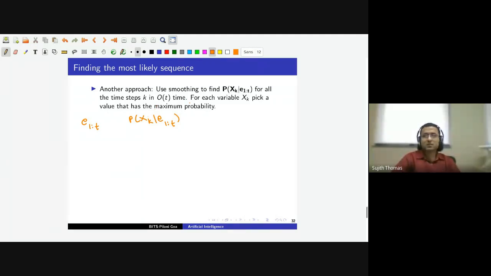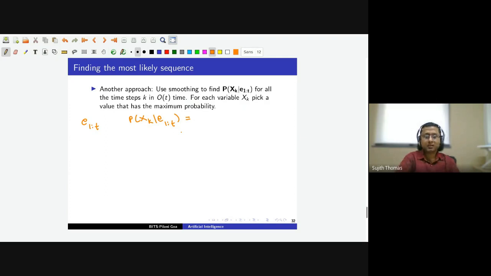So once we have found the smooth estimate for each variable x_k, we can simply pick that value which maximizes the smooth probability. So for the smooth estimate, we will get some probability distribution associated with every variable, and we will simply pick that value which maximizes the probability. And in that manner, we will construct the sequence. So for every variable, we will pick the value which maximizes the smooth probability.